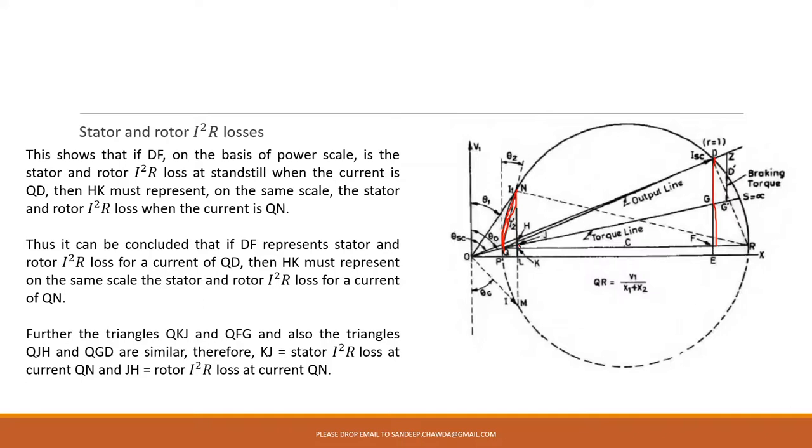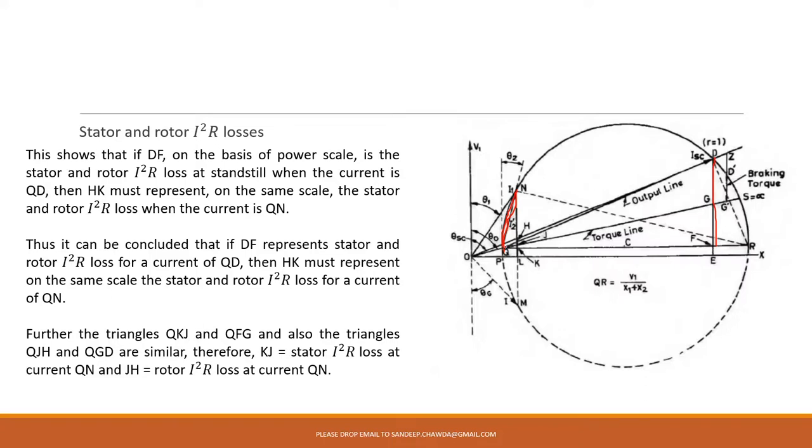Okay, Q, K, J. And we are going to take another triangle, that is Q, F and G, this triangle. Also we are going to take Q, J, H and Q, G, D, this upper one.